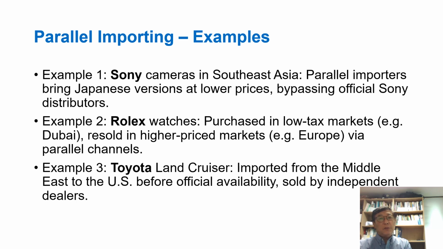A Rolex watch purchased in a low-tax market like Dubai is sold in a high-priced market like Europe or the Middle East. And a Toyota Land Cruiser imported from the Middle East to the US before official availability is sold by independent dealers.